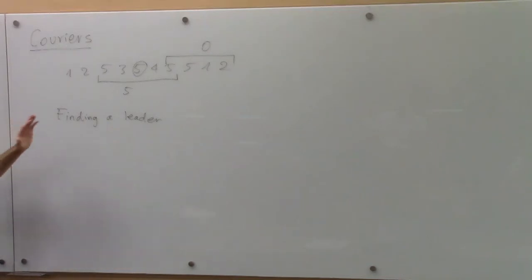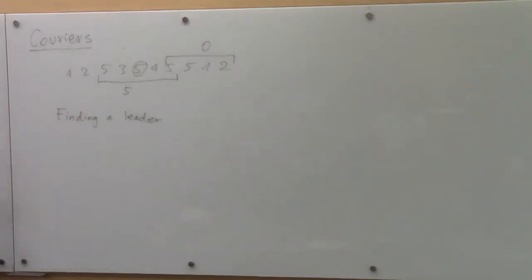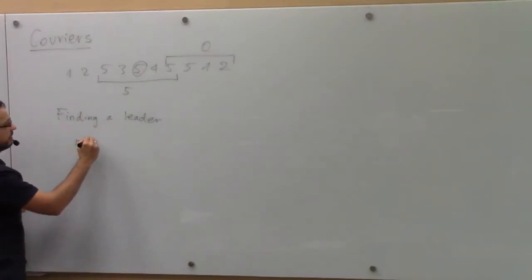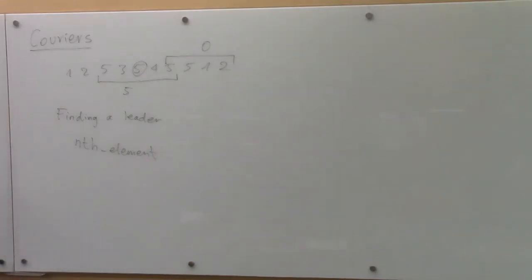Another approach is to just sort the numbers and take the middle one, because if there is a leader in the sequence, then the median of the sequence will be the leader. Of course, if you want to know the median, you don't have to sort. You can use a linear algorithm for finding the median, for instance nth_element from C++. This will give you linear time for finding a leader in some part.